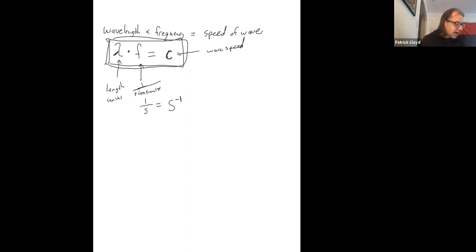So, let's talk about the speed. It turns out that electromagnetic waves, so EM waves, right? In a vacuum, they travel at a constant speed, which we call the speed of light.